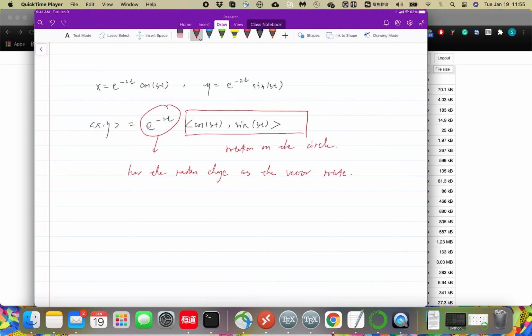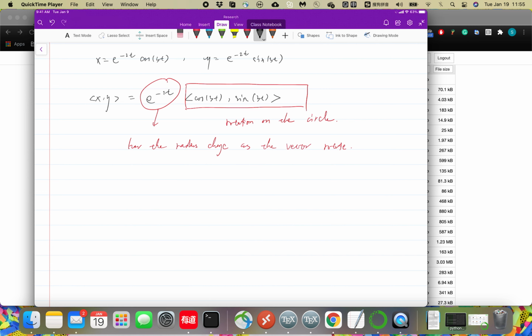Okay, so in other words, you are going to have something keep rotating on a circle if the e to the negative 2t is not there. But if the e to the negative 2t is there, then when you are rotating, you also become shorter. And eventually you get closer and closer to 0 no matter how you rotate. You can see this one provides you a spiral.